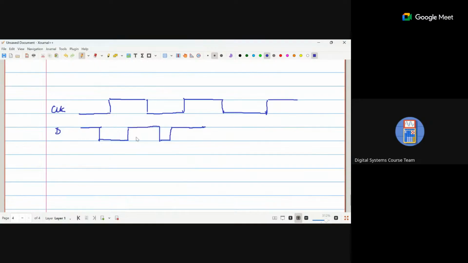This is the input that is given. Now the expected Q will be, so let's say we are drawing for this is the positive edge, positive edge, positive edge. Okay. So now this is the expected Q.